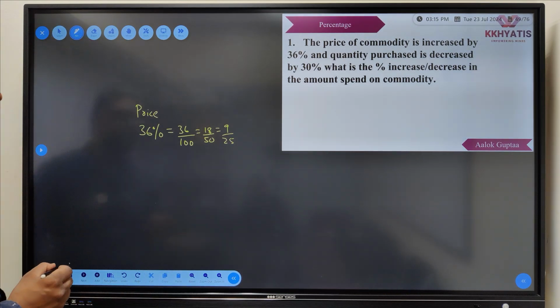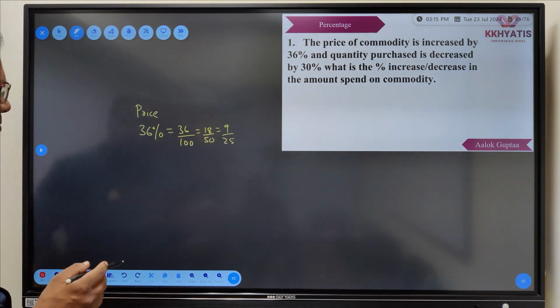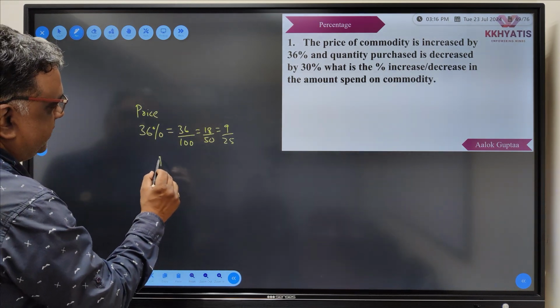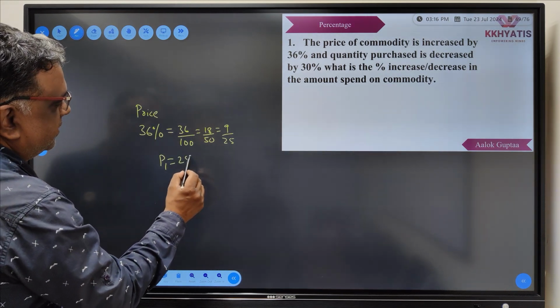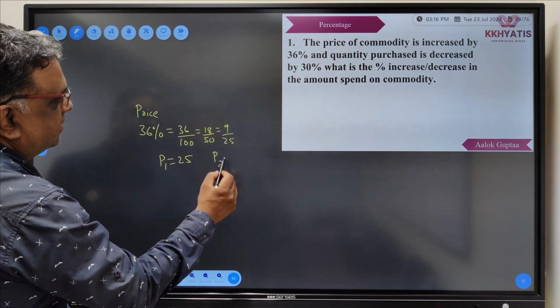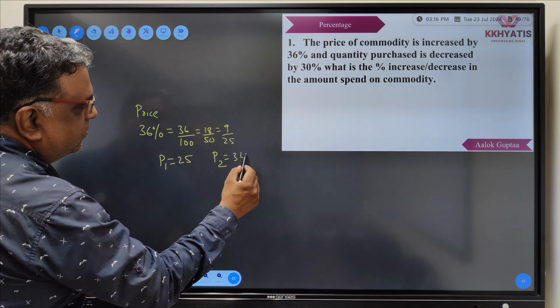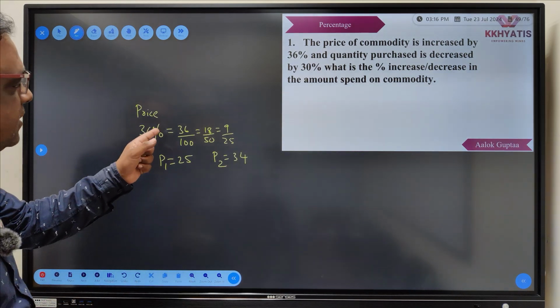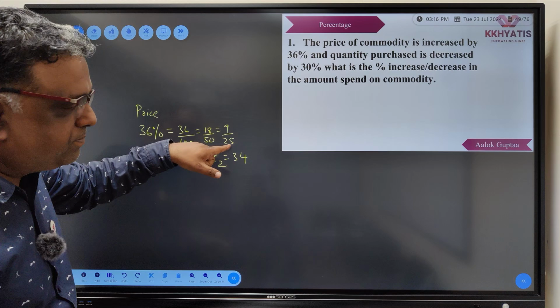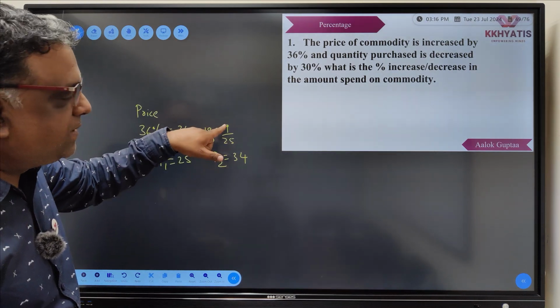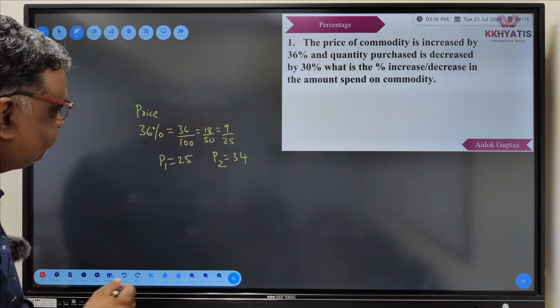This is the increase in price, which means if my old price, P1, is 25, there is an increase of 9, so my new price became 34.